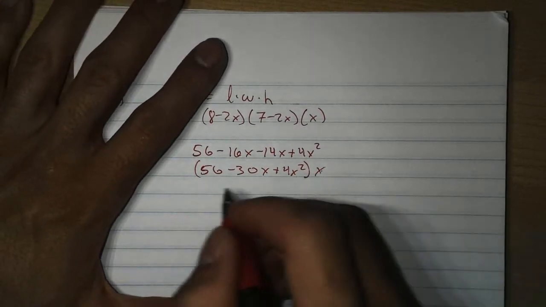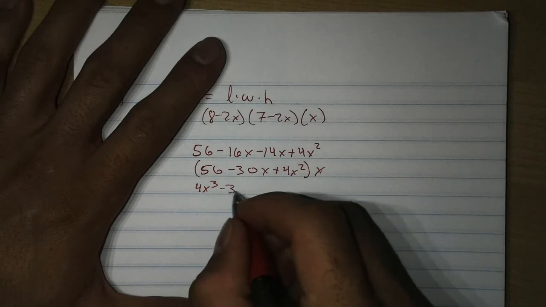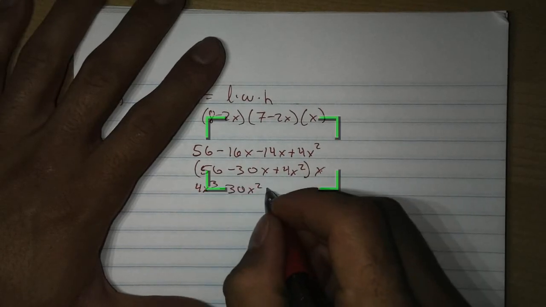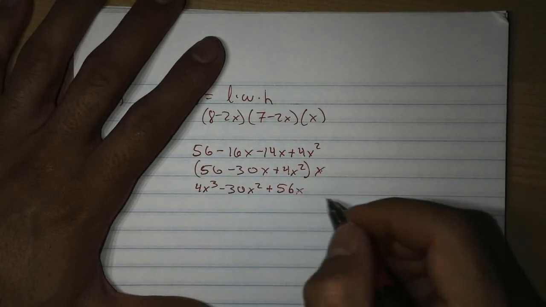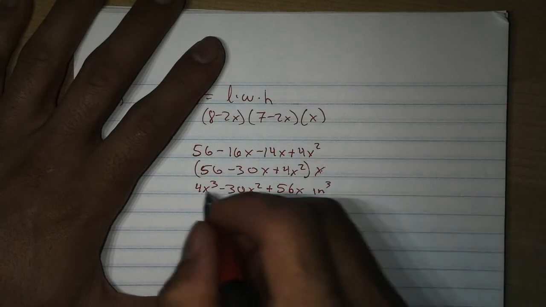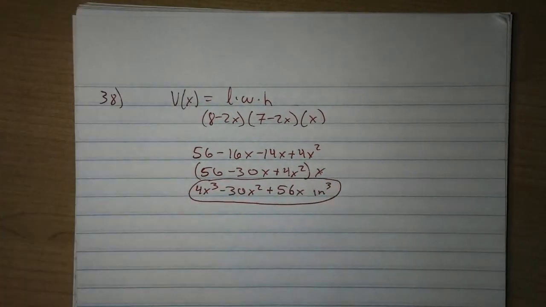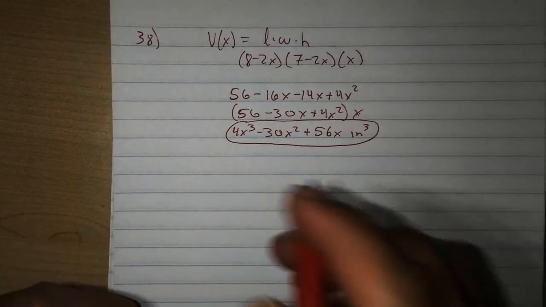This times this is 4x to the third minus 30x squared plus 56x. Now this is in inches cubed, cubic inches. That's the answer.